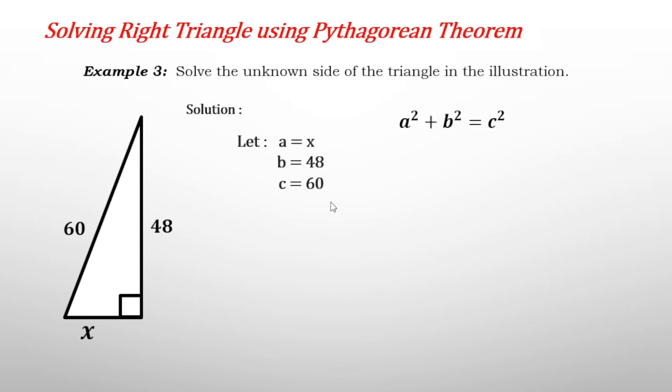Using the Pythagorean Theorem, we substitute the value of A, which is x, the value of B, which is 48, and the value of C, which is 60.